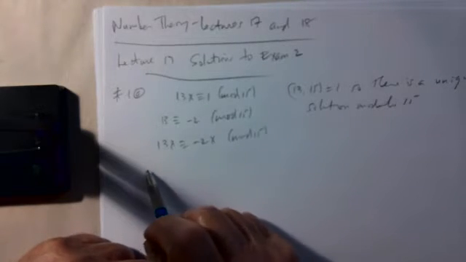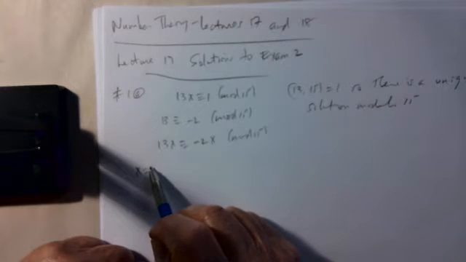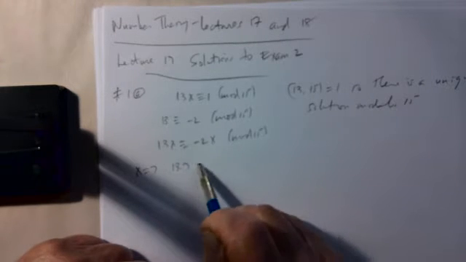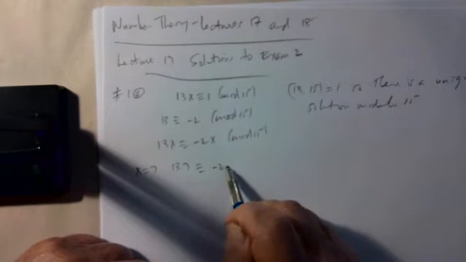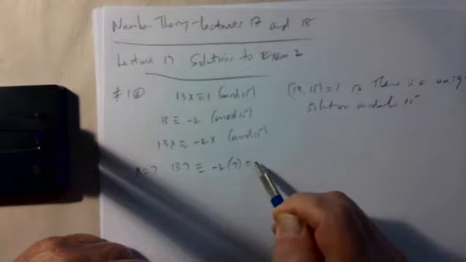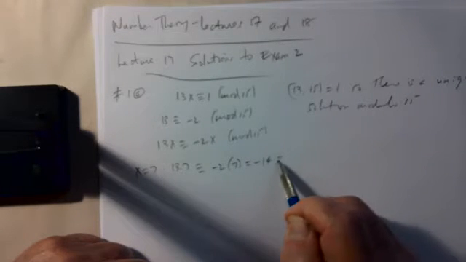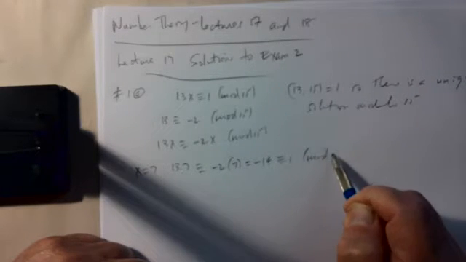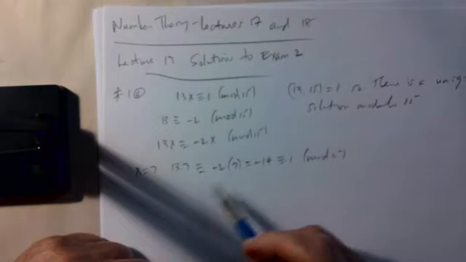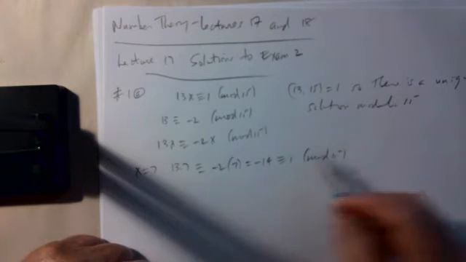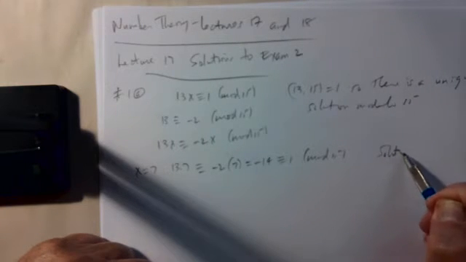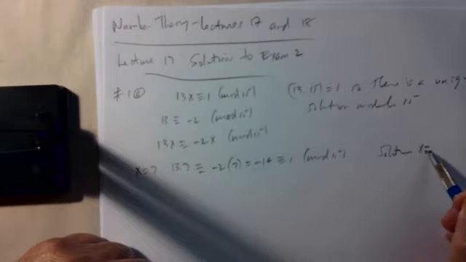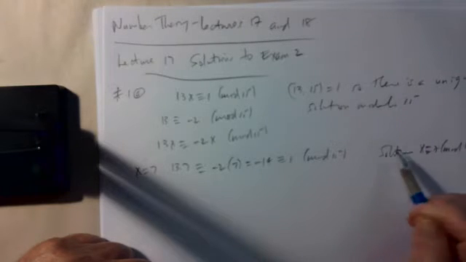So if you let x equal 7, 13 times 7 is minus 2 times 7, which is minus 14, which is the same as 1 mod 15. So x equals 7 is a solution. So the solution is all x congruent to 7 modulo 15.